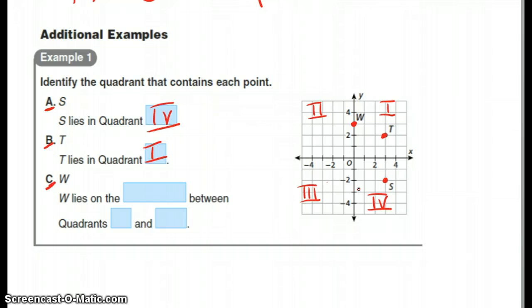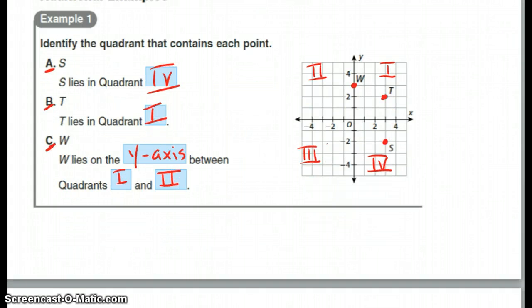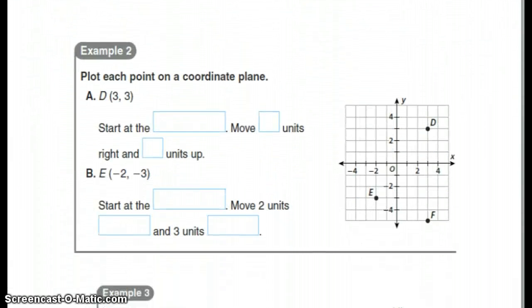It lies on the y-axis, which is between quadrants 1 and 2. So if it's lying on the line, on the axis, that is its location. It is not inside of a quadrant. Let's go to the next page.